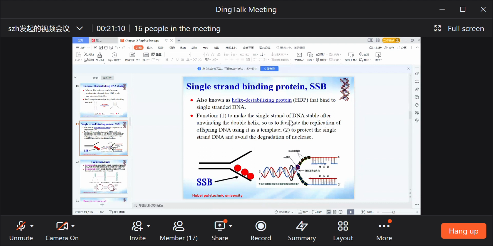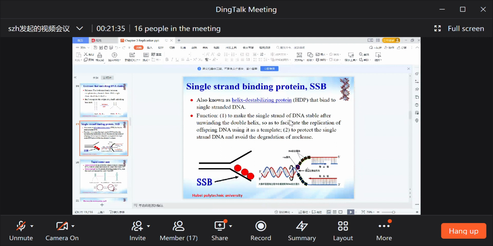You can see here, my students pay attention. The helicase destroys the double helix structure and immediately forms the single strand. At that time SSB bonds with the single strand.